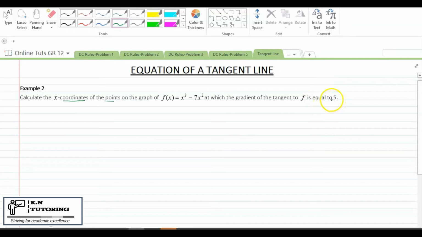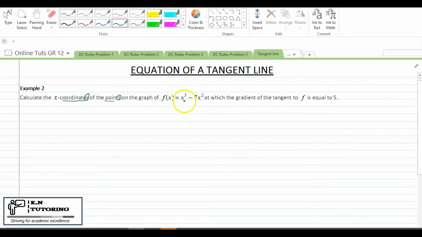Okay, let's read that again to understand what the question wants. Calculate the x-coordinates. This is very important, coordinates. So automatically this shows you that we're going to get two x values. Of the points, again, this also shows that we've got two x values that we're going to get.